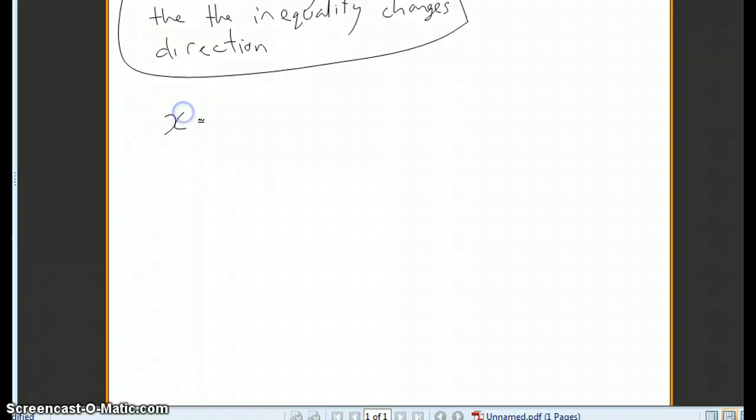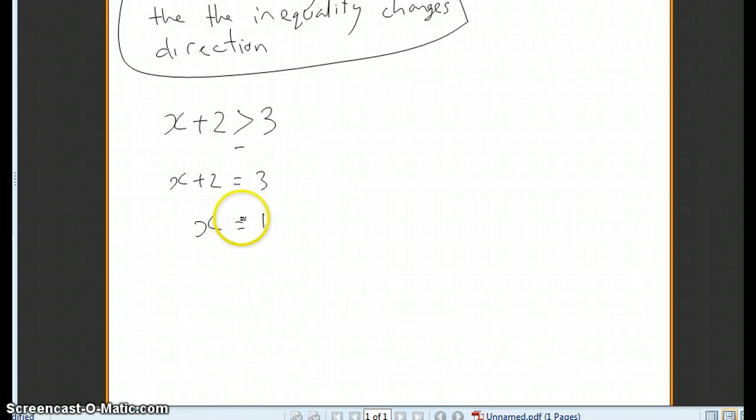x plus 2 is greater than 3. Right, solving. Think of the inequality as an equal sign, and you can solve this no problems. x normally would equal what? 1, because you subtract 2 from both sides.